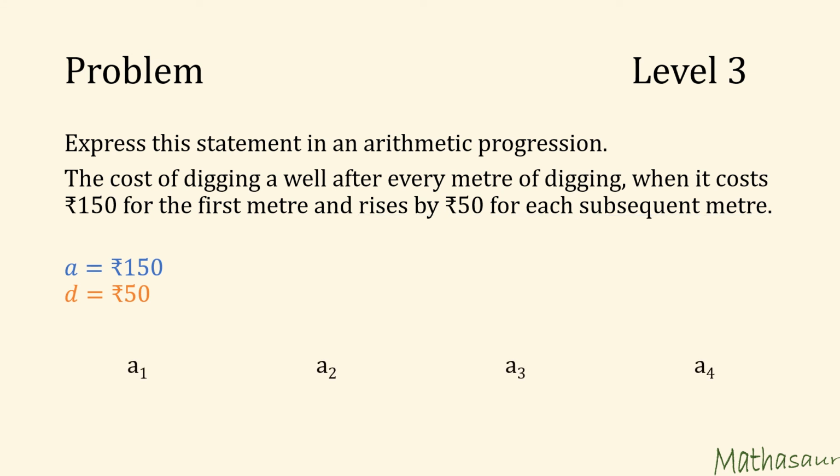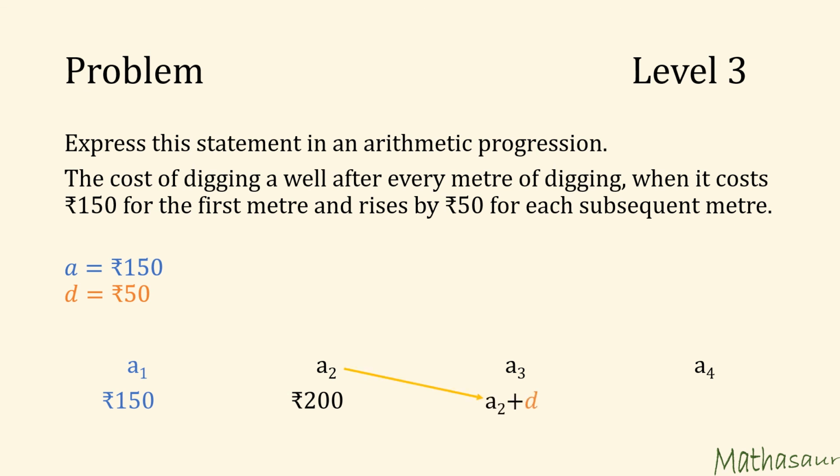Now let us try to figure out the arithmetic progression here. Let us try to figure out the first four terms a1, a2, a3 and a4. Now a1 is given as 150. The next term would be a1 plus d, or 150 plus 50, which comes out as 200 rupees.